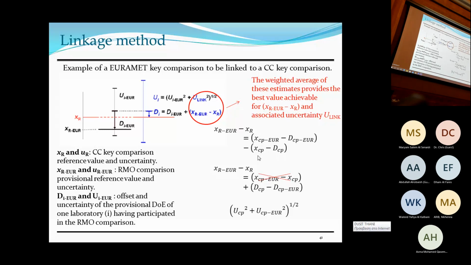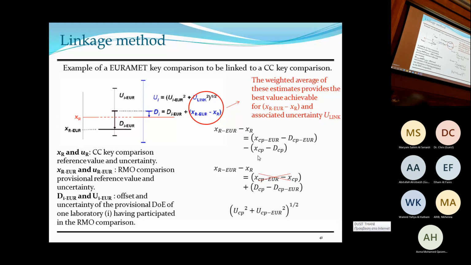Now, what does that have to do with what I'm interested in? Because really what I'm interested in is this quantity here. I want to refer this value, instead of referring it from here to there, I want to refer it from here to there.